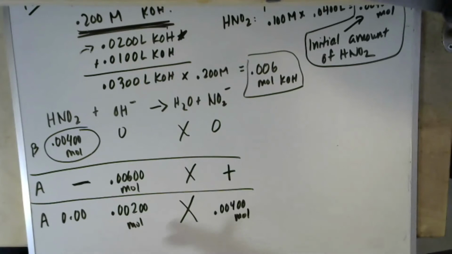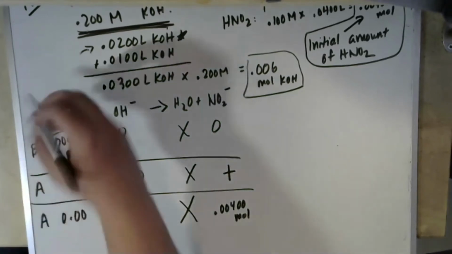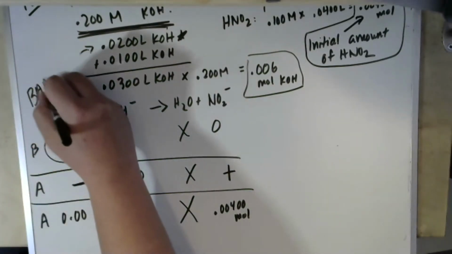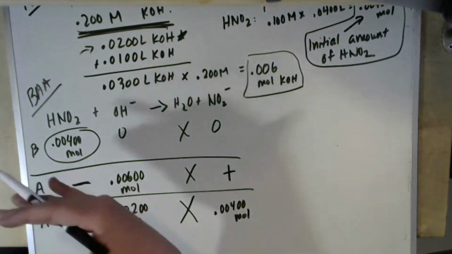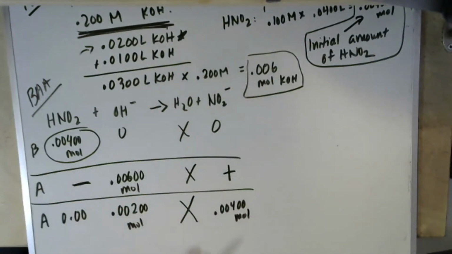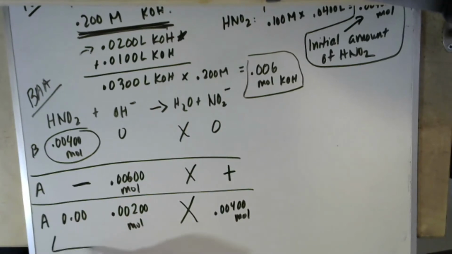Now, what's interesting about this BA table, just label it, is that usually in the first examples that we looked at, when we were finished with the BA table, we had a weak acid value and a weak base value, and then we used the Henderson-Hasselbalch equation. We can't do that if we don't have a weak acid value. Okay?